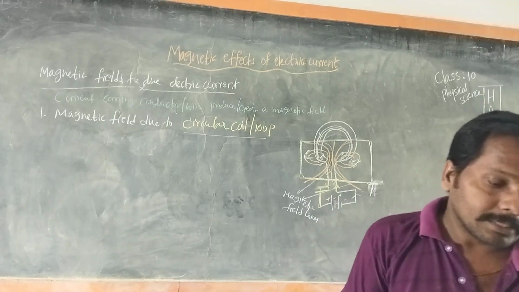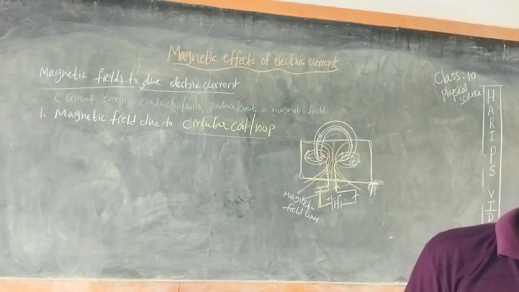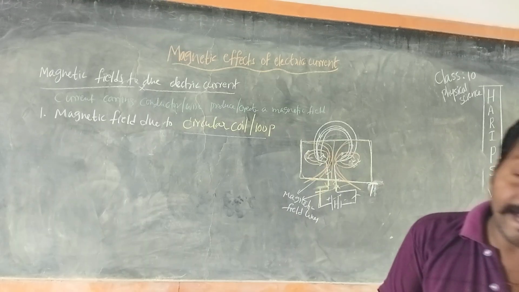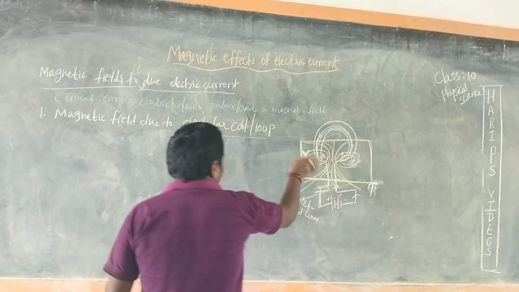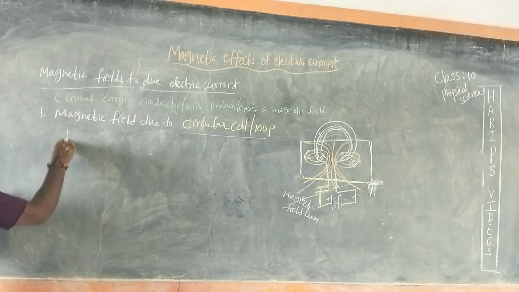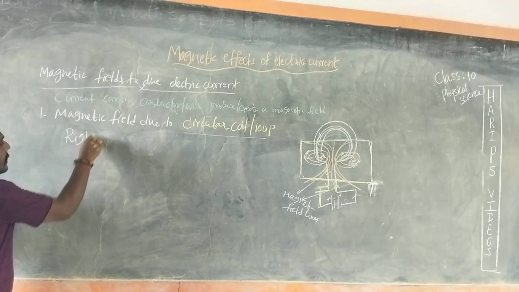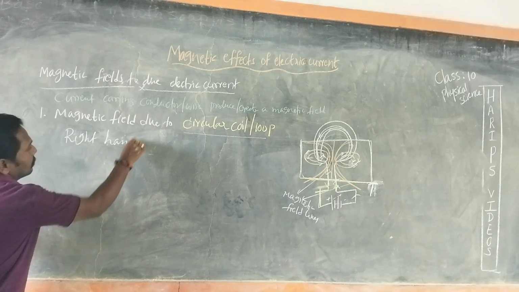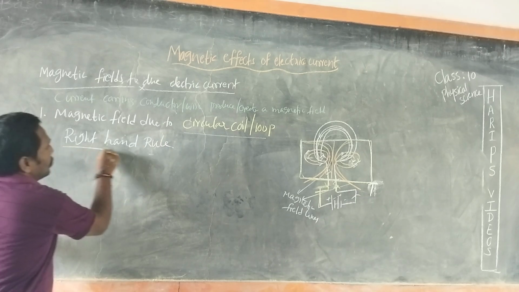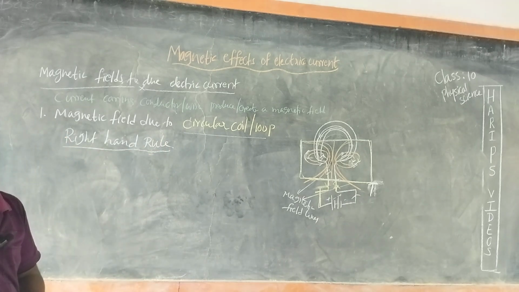The direction of the field due to the coil is determined by using the right hand rule. This states how we understand the direction of magnetic field due to a circular coil or circular loop, by using the right hand rule.